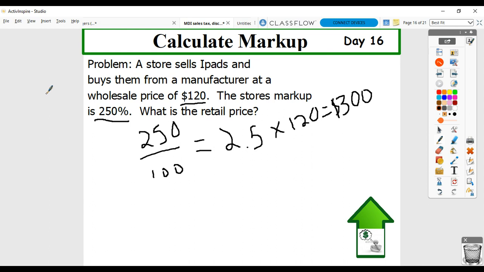It's how much they're going to charge on top of the price. So if the cost is $120 and they mark up $300, we simply add the two. So $300 plus $120 gives us a total of $420.